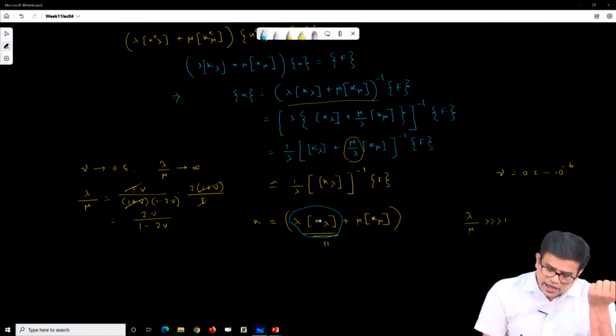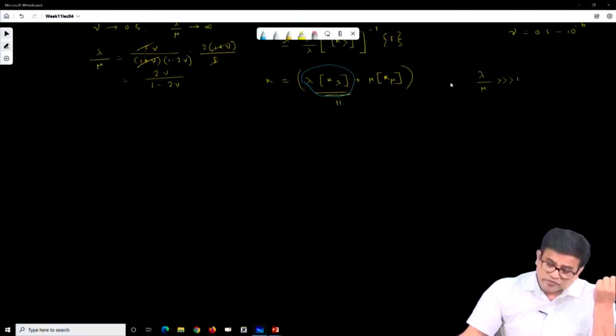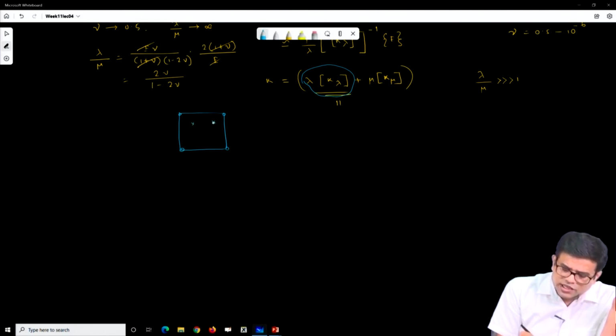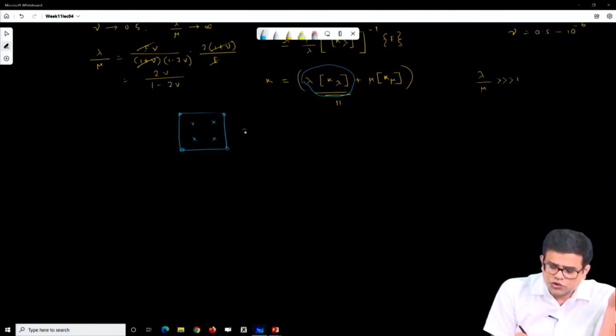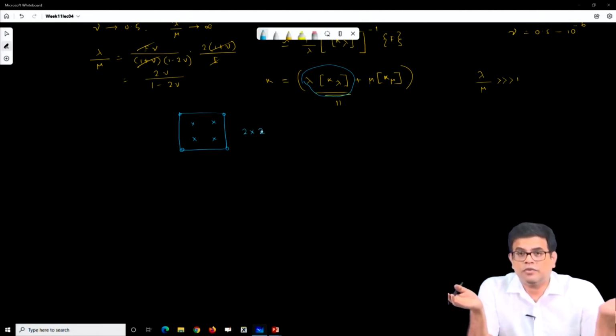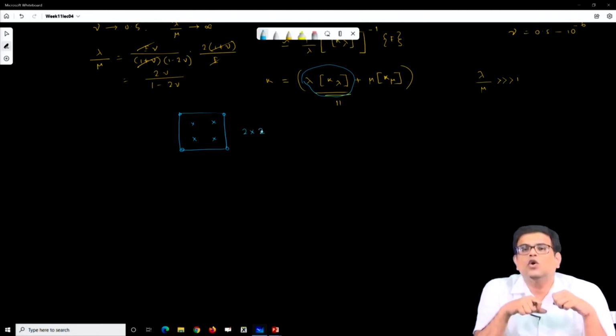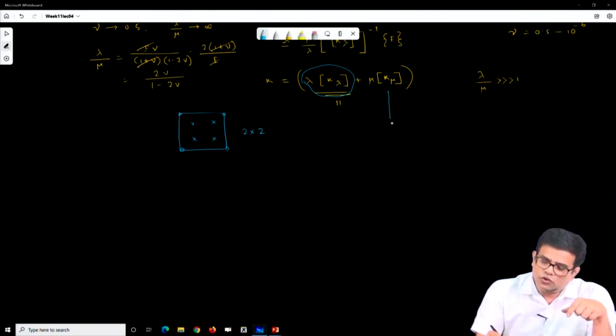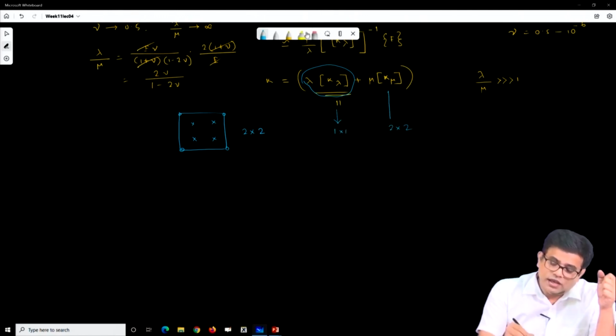Naturally, in a Q4 element, full integration is 2 cross 2 point, that is, plus minus 1 by root 3, and the weight is 1. So, for mu we integrate with the 2 cross 2 rule, and here we integrate with the 1 cross 1 rule, which is one order less.